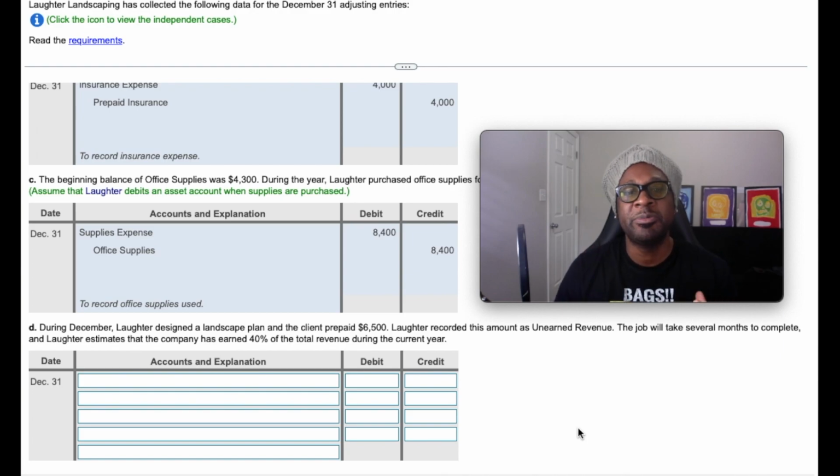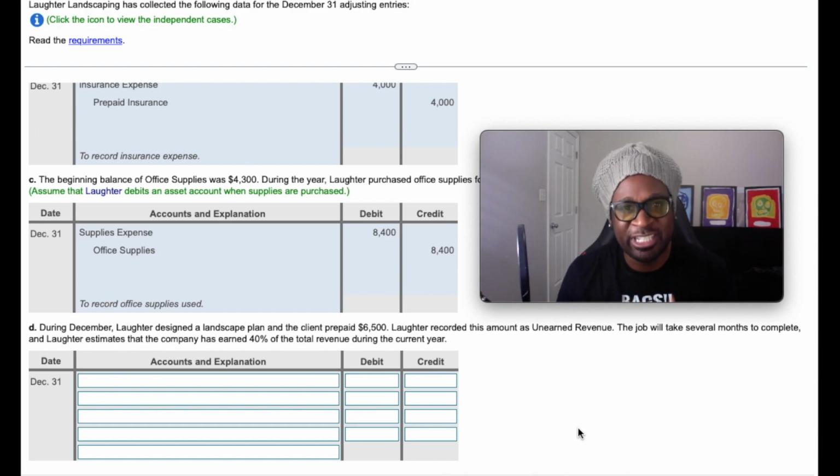The client prepaid $6,500 this year for services to be provided in the future. We know that this is a perfect example of an unearned revenue. Why? Because unearned revenues are liabilities that are created anytime the company receives cash in advance for a future service.